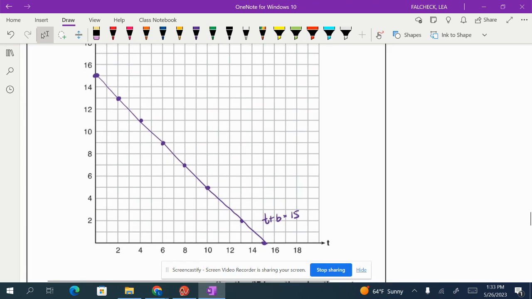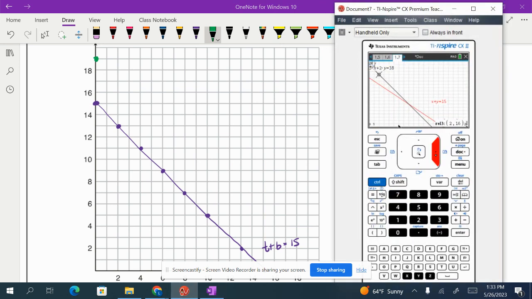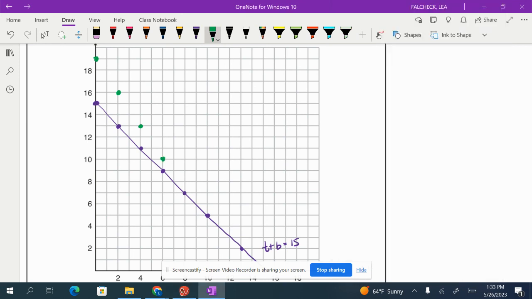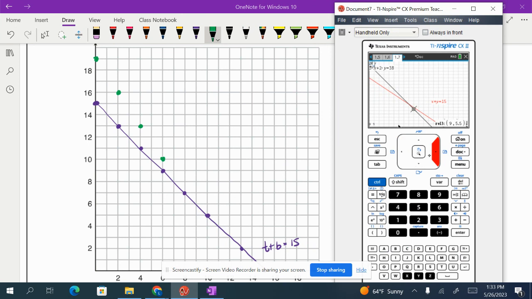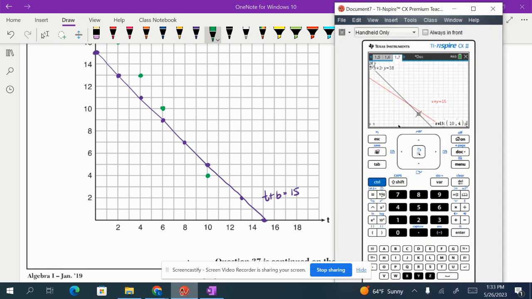So 0, 19. Oh, we're all the way at the tippy top here almost. Okay, 0, 19. 2, 16. 4, 13. 6, 10. 10, 4. 12, 1.